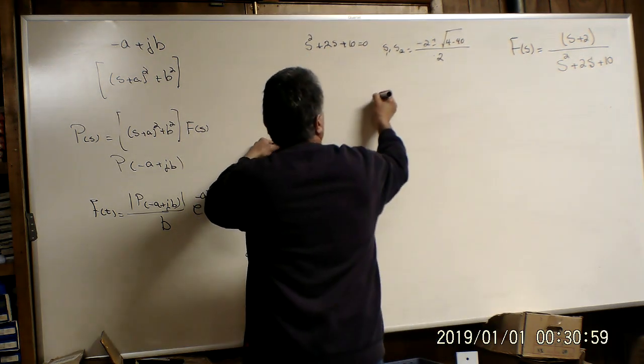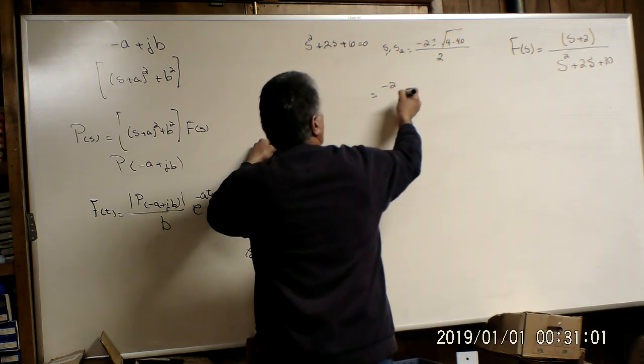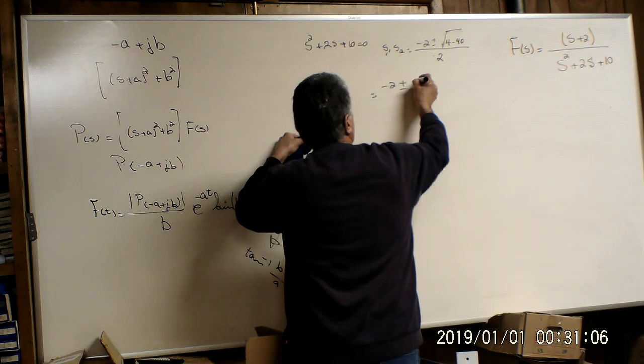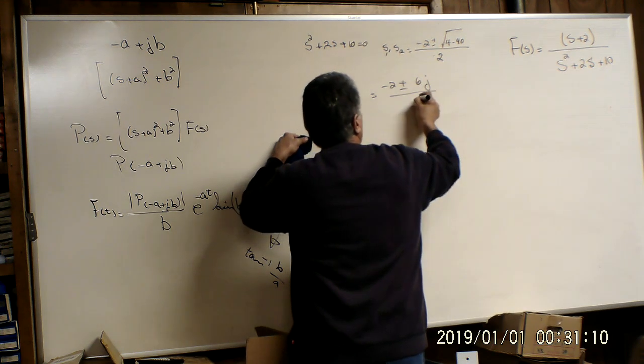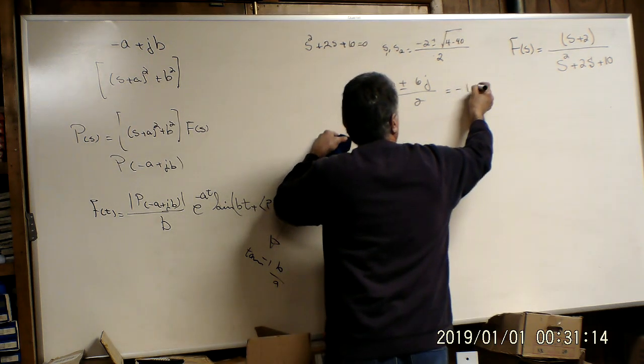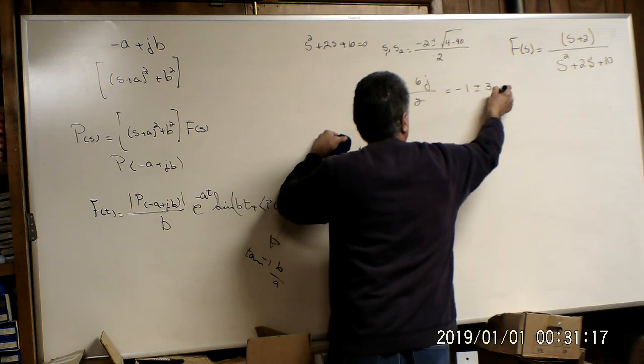So this will be equal to minus 2 plus or minus 6j divided by 2. So the answer will be minus 1 plus or minus 3j.